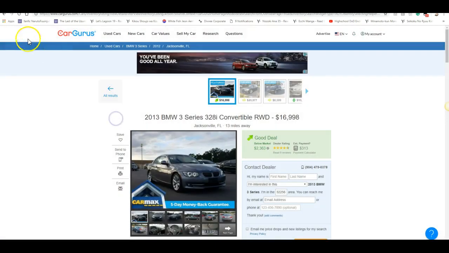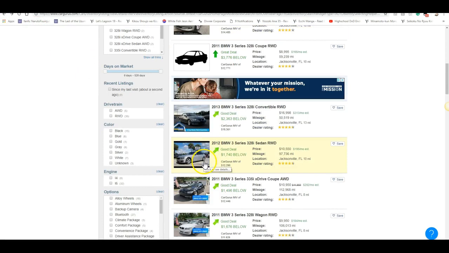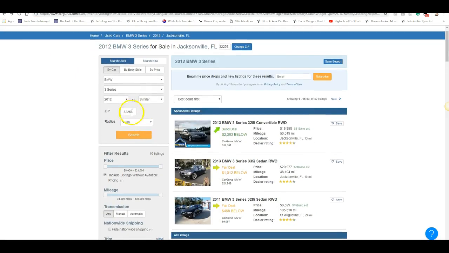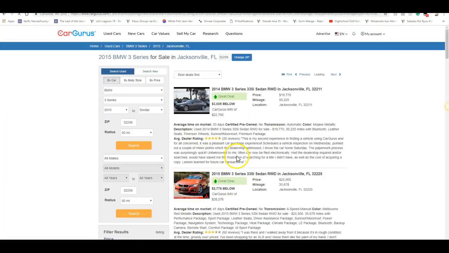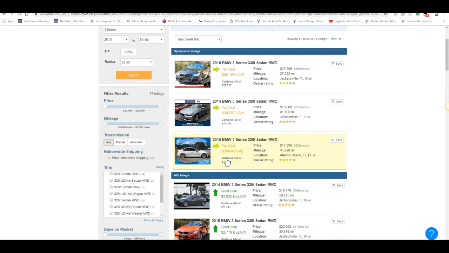Real cheap. Oh, I don't like that one. The convertible ones, those things are fugly. Actually, let's get a newer one. 2015. Okay, let's see. So here's a 2015 320i.